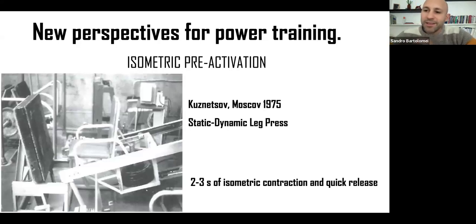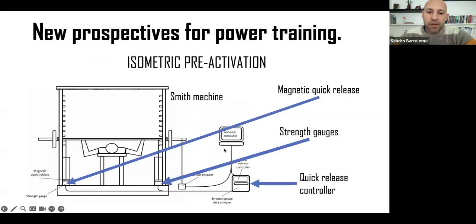Okay, so basically this device allows you to quickly shift from an isometric contraction into a dynamic concentric contraction, okay? And this is similar to what I developed, and this is actually the device I patented. So I put some sensors and a magnetic device under the bar in a Smith machine.